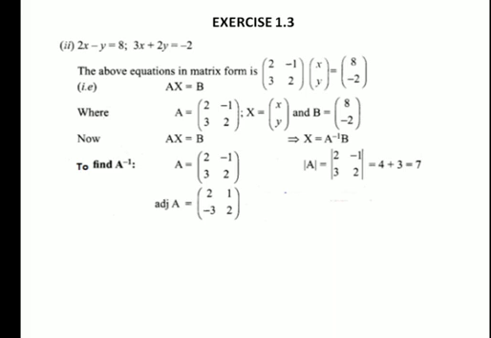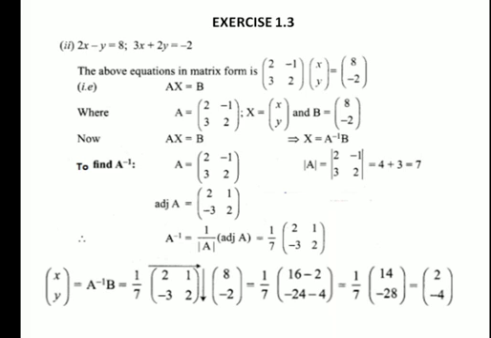Then adjoint of A: change the places of the 2 and multiply with minus sign. After that, substitute in the A inverse formula and get the value. Then x value is 2, y value equal to minus 4.